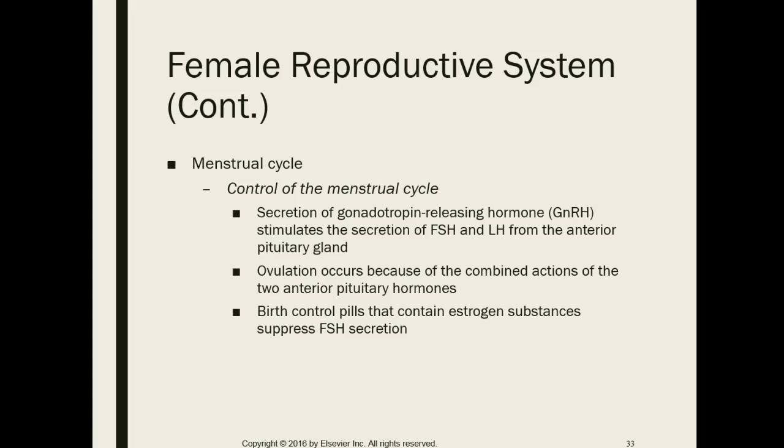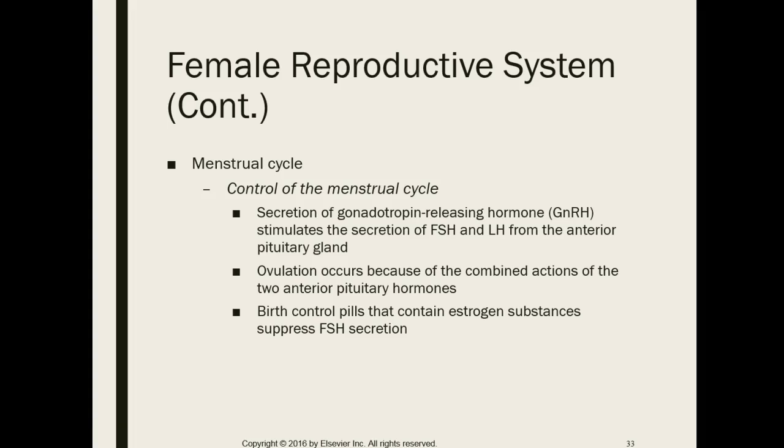The menstrual cycle is going to be controlled by a couple of different hormones. So gonadotropin releasing hormone is going to stimulate the secretion of FSH and LH from the anterior pituitary gland. Those two hormones are then going to result in ovulation.